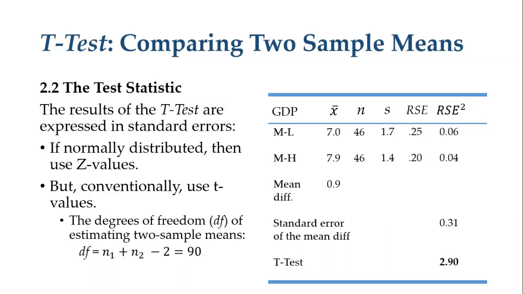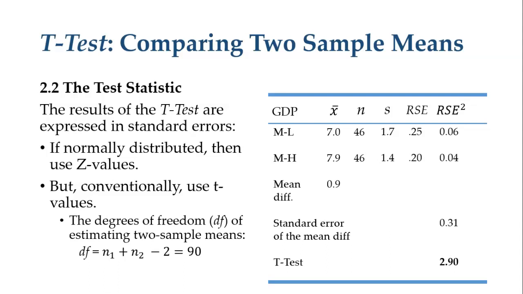Remember that they are standardized ways to present different scores in a normal distribution, or not necessarily normal, in a distribution. For interpretation, we can use the z-values if our distribution is normally distributed, or we can use t-values when that distribution is not necessarily normally distributed.